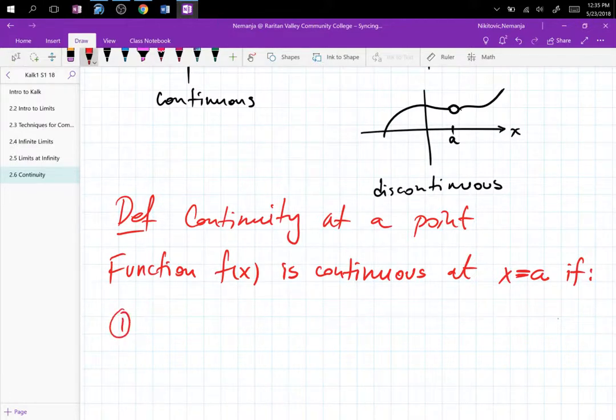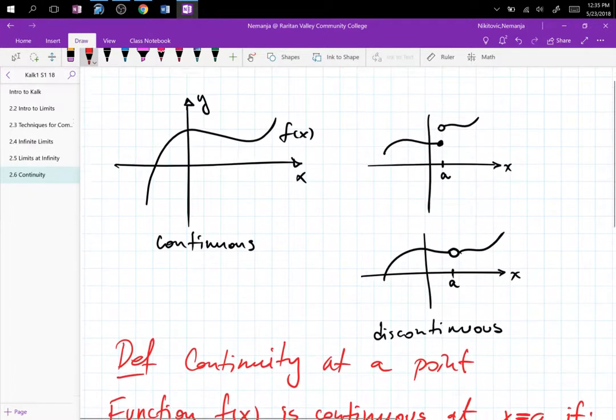First condition is that f of a must exist. Which means the y value at a has to exist.